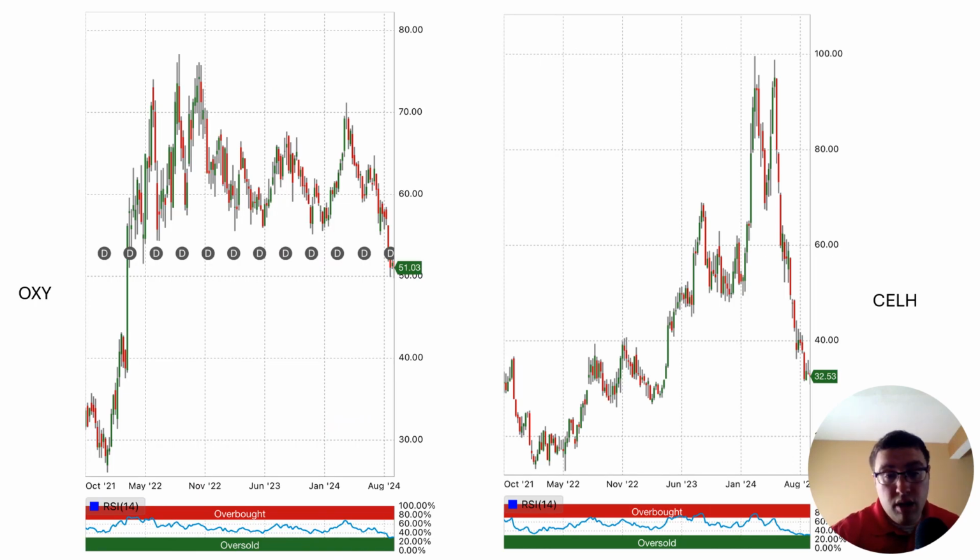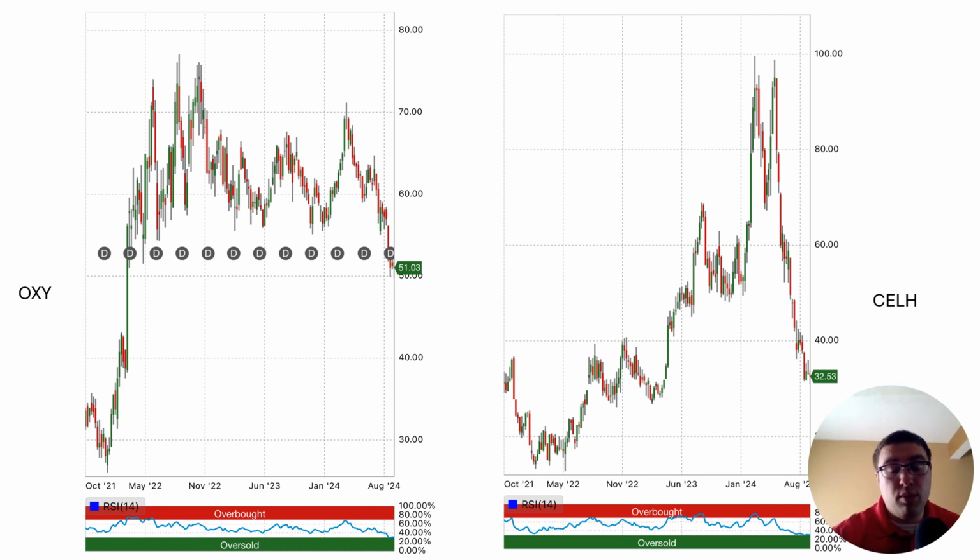Okay, so two examples here where we have the oversold condition. You have Occidental Petroleum and you have Celsius Holdings. So if you look at the chart, you can kind of tell, okay, well, last couple of days, both of these individual stocks have almost only gone down, and they went down a fair bit. So now they're both in the oversold category.